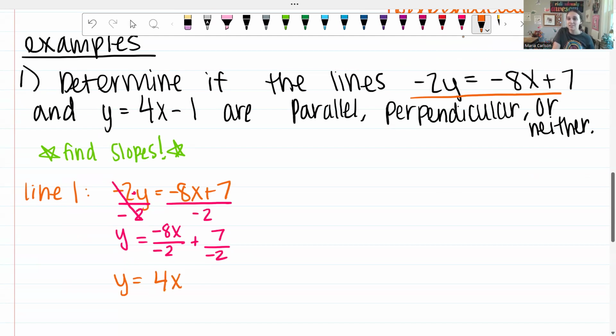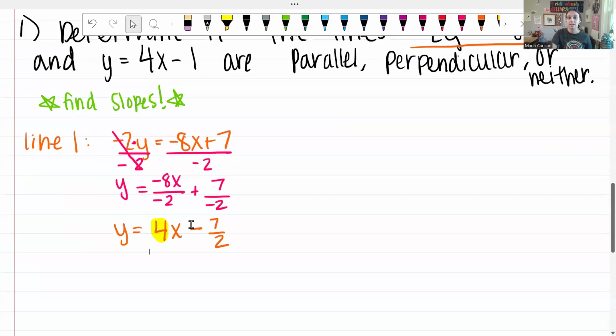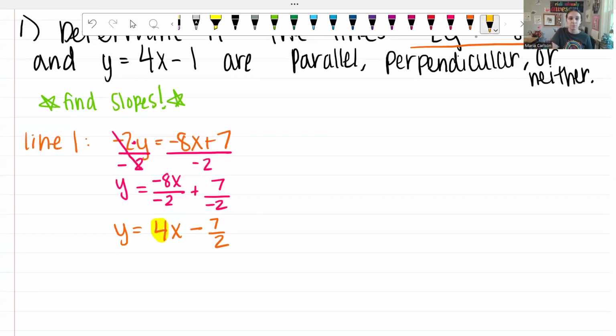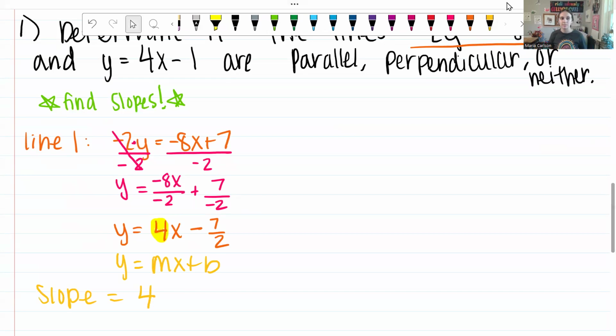And then plus 7 divided by negative 2 is just negative 7 over 2. So minus 7 over 2. So for line 1, the slope, the number being multiplied to x, remember this is like our y equals mx plus b, is 4.